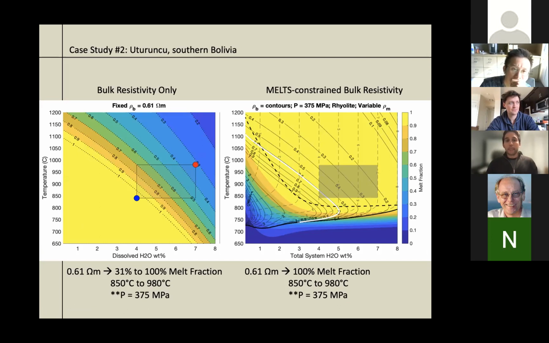The reason that it's unintuitive is because as you increase the temperature and increase the water content, the melt resistivity goes down. So you actually end up getting much more conductive melts at higher temperatures, and you need less of it to explain the bulk resistivity. So that's why the melt fraction goes down as you increase temperature and increase water content.